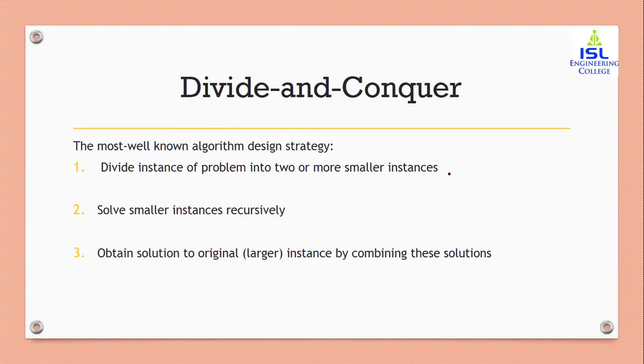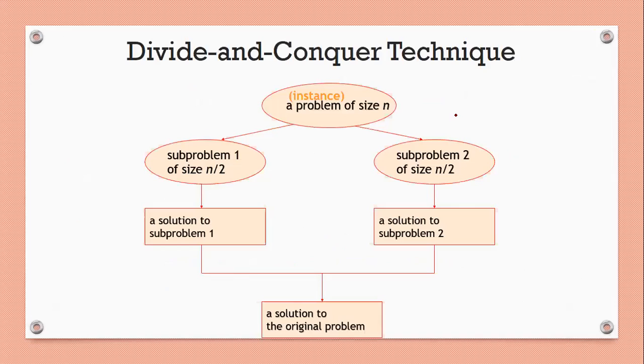Here instances basically means sub-problems. We then solve those sub-problems recursively, by using the same method, and obtain the solution to the original problem by combining these solutions. That is the strategy for divide and conquer.